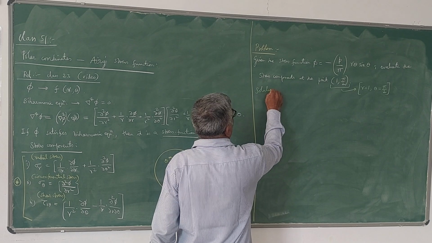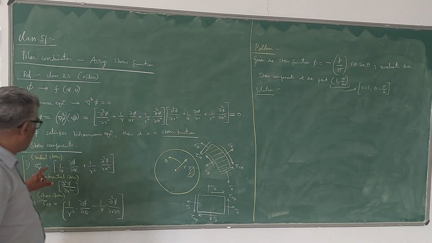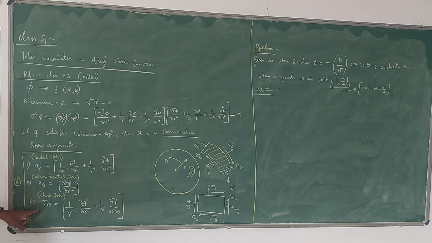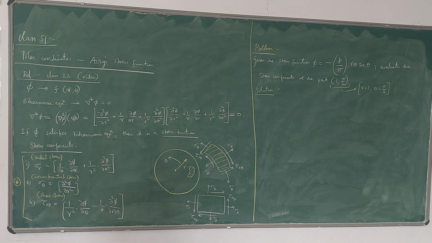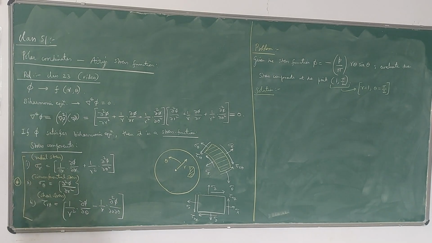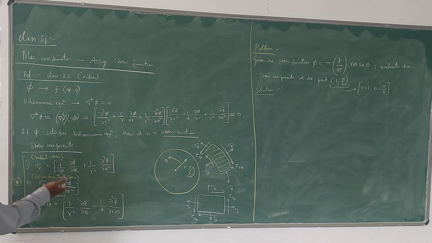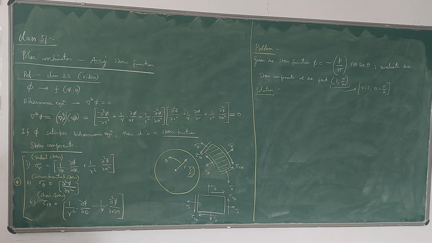So directly you have to use the formula to find the stress components. This is the formula. We need this formula. So to use this formula, how many derivatives do we need? Can you tell me? You just see this and tell me how many derivatives we require. See all the three.